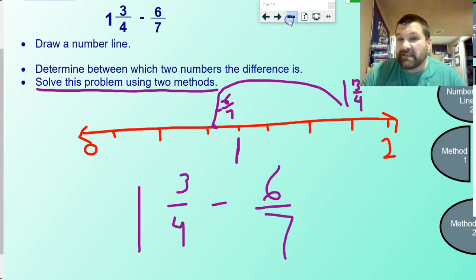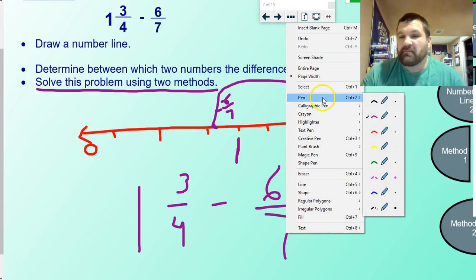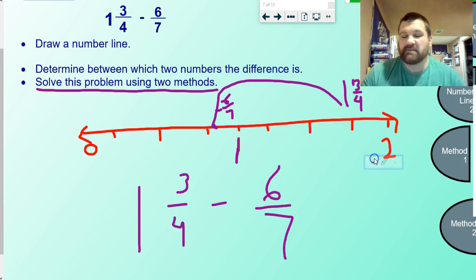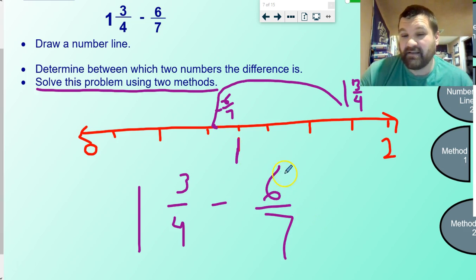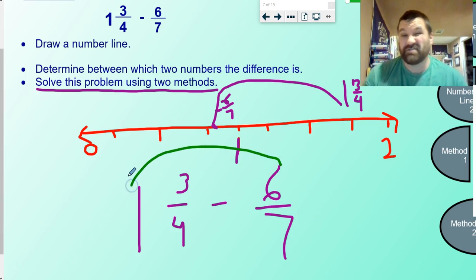Can we do anything different first? I've done it a couple times. Can't we just subtract this from here first? So we'll take a whole minus 6/7, because right now this whole is 4ths, but this whole could also be 7ths. This whole could be 100ths or 1,000ths or whatever it needs to be, because it's a whole. Every whole's the same.